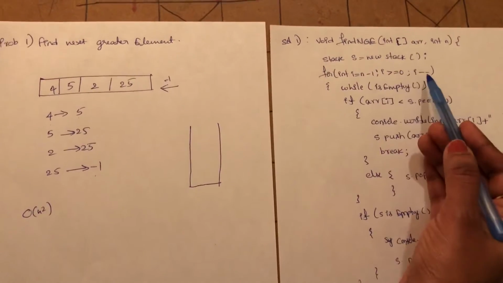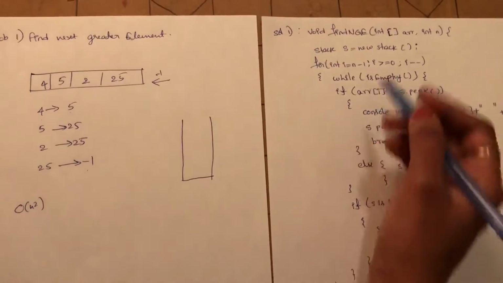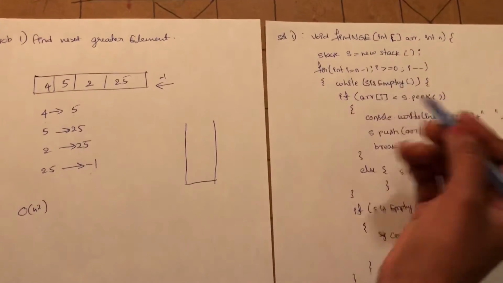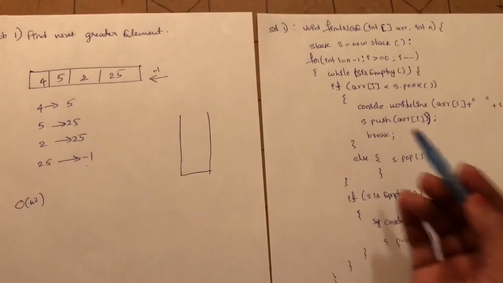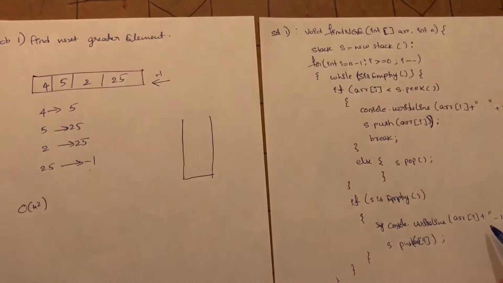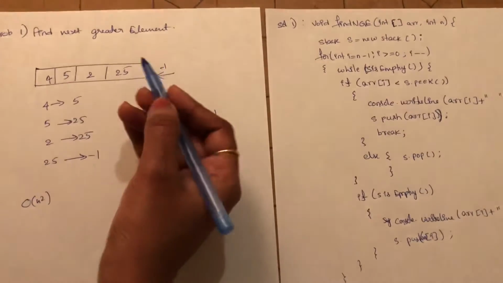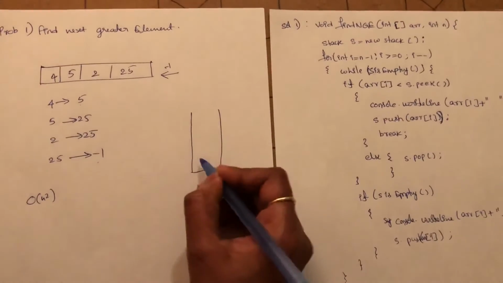If i is greater than or equal to 0, it enters the loop, and here we check whether the stack is empty or not. If the stack is empty, it comes out of the while loop, directly prints -1 for that particular element, and pushes that element into the stack.